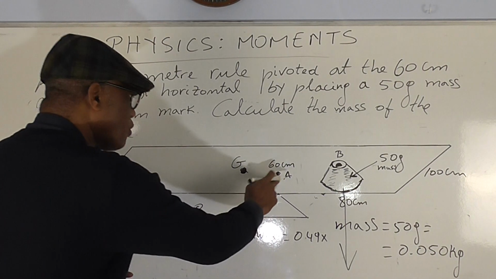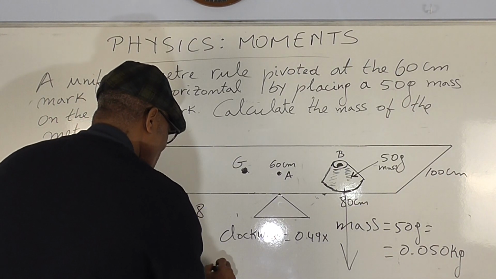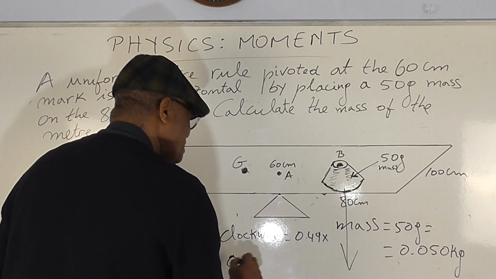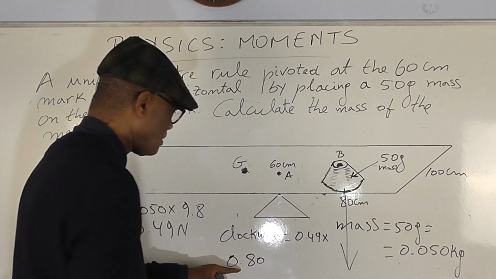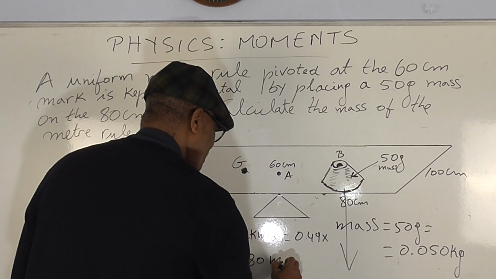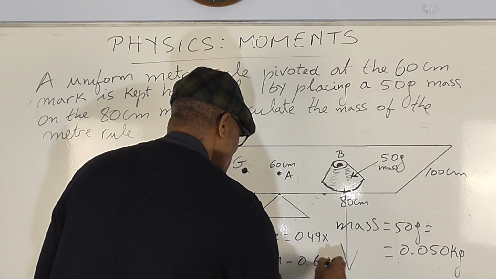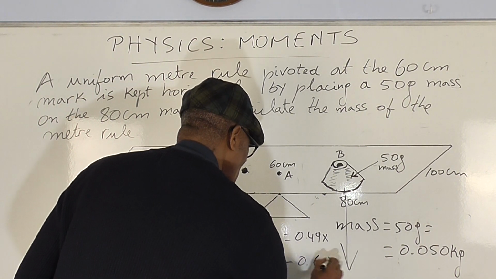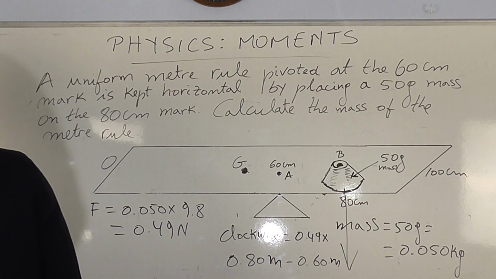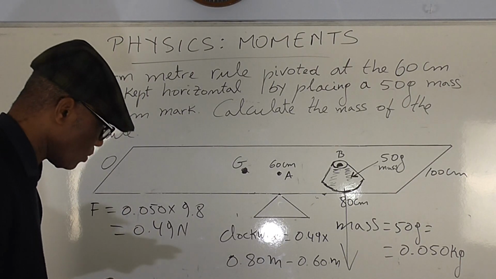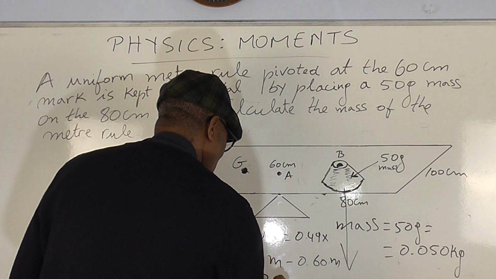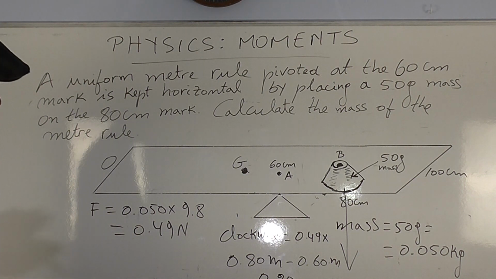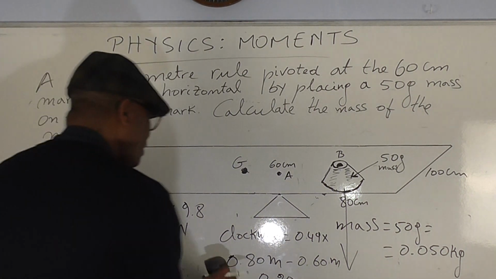We can convert this into meters: 80 centimeters is 0.80 meters, take away 0.60 meters. The difference is 0.20.